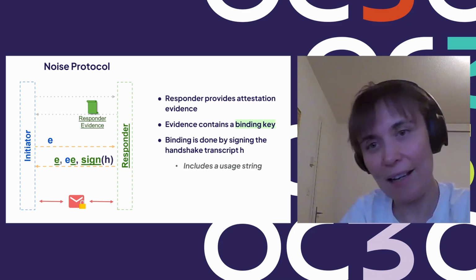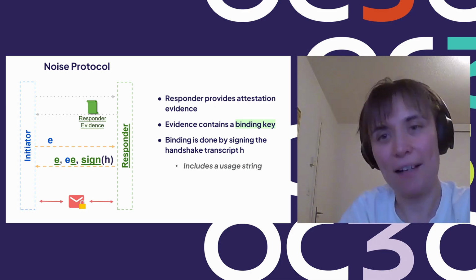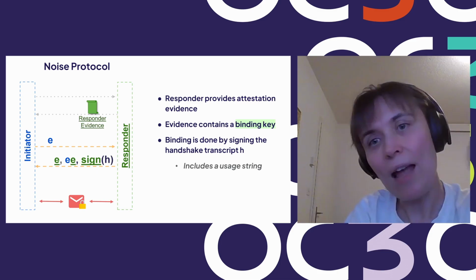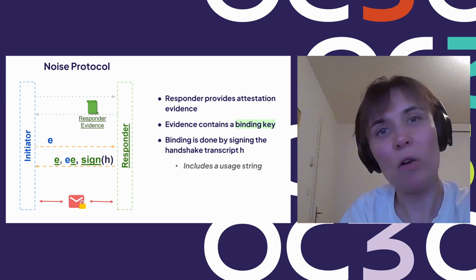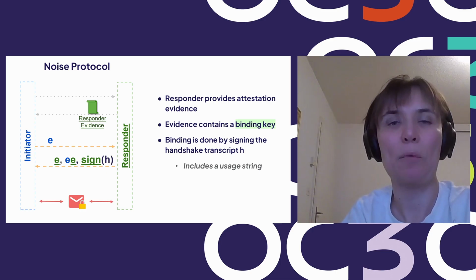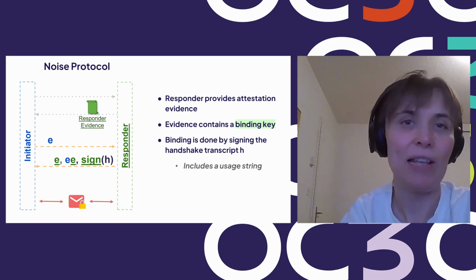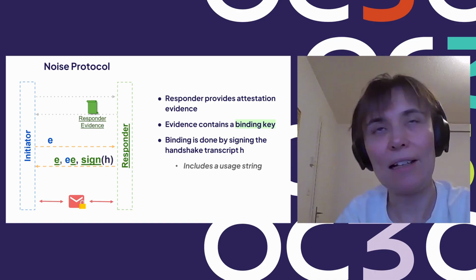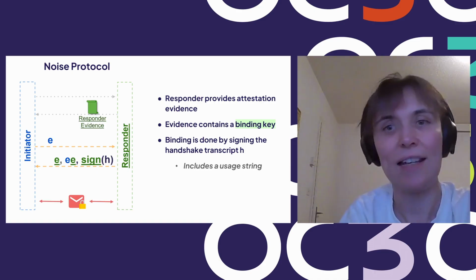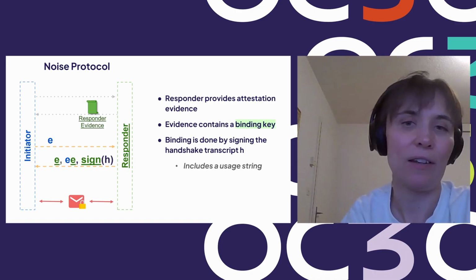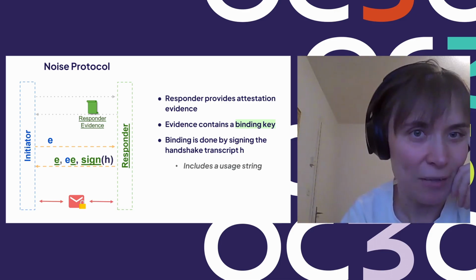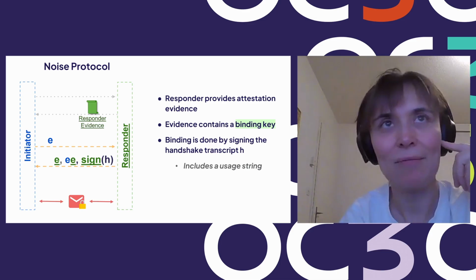Our solution doesn't get that for practical reasons, because the hardware platforms that we want to support do not always support attestation of arbitrary data on demand. In this way, we create a proxy by signing just the binding key, but still allowing to establish the continuity of the communication. Next slide, please.